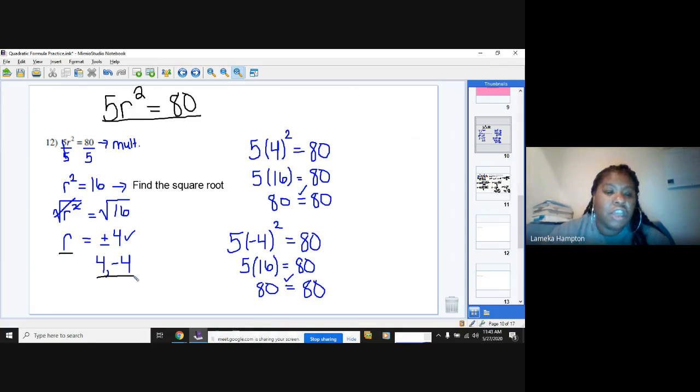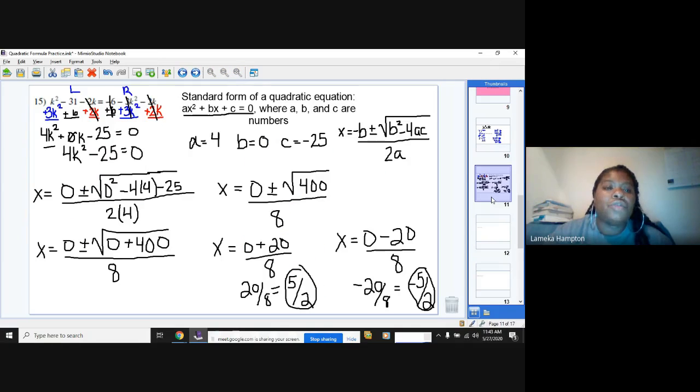Now, number 15 was kind of the same in the sense that we had a positive outcome and a negative outcome. But the difference between number 12 and number 15 was that we had to maneuver some things and move some things around because we are now dealing with the standard form of a quadratic equation.